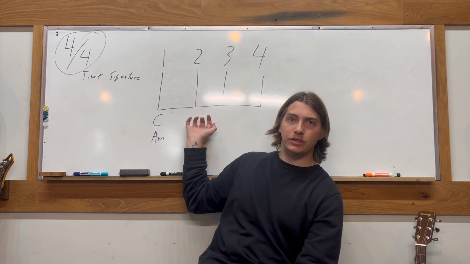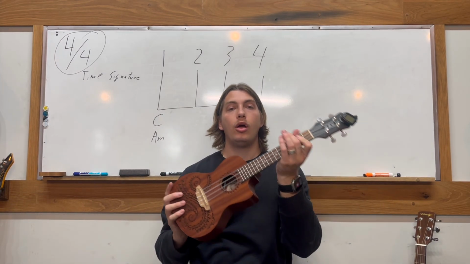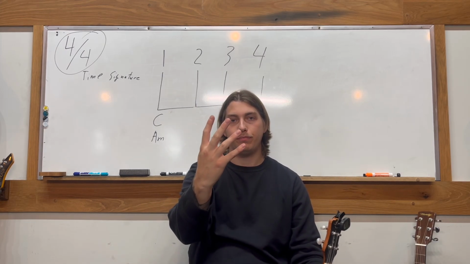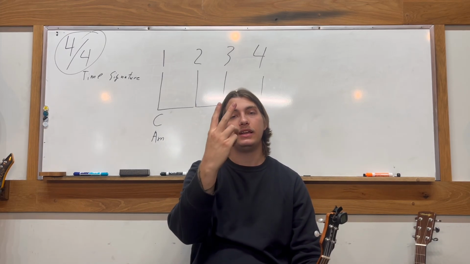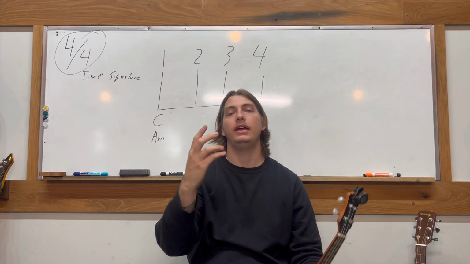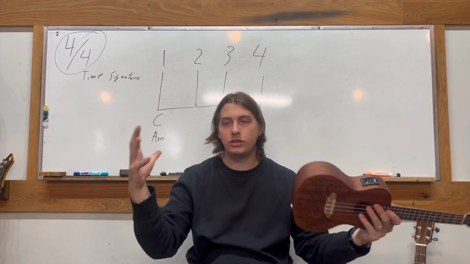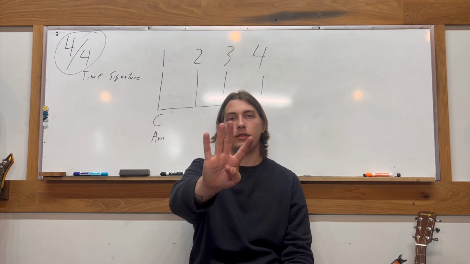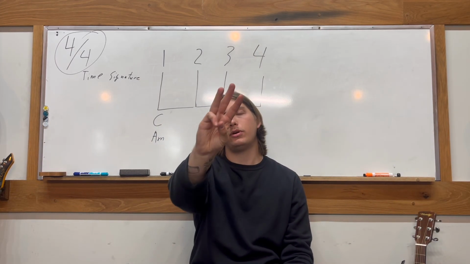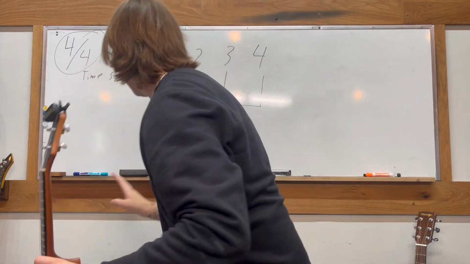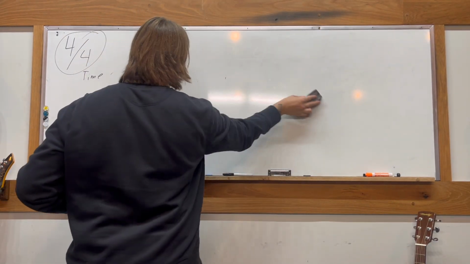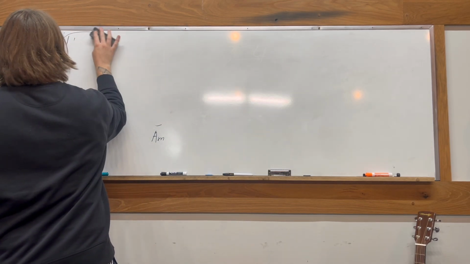So we have to count. Okay? So right now, we're just going to count to 4. But it's really important to understand that counting to 4 is one of the most important things in all of music. Okay? Everybody can count to 4. Let's try it. 1, 2, 3, 4. Great. All right. Now, that's the basics of timing.